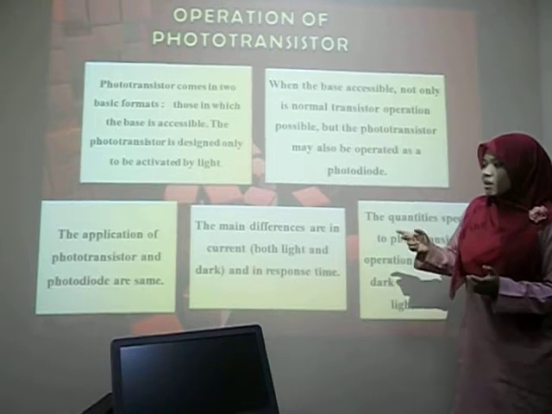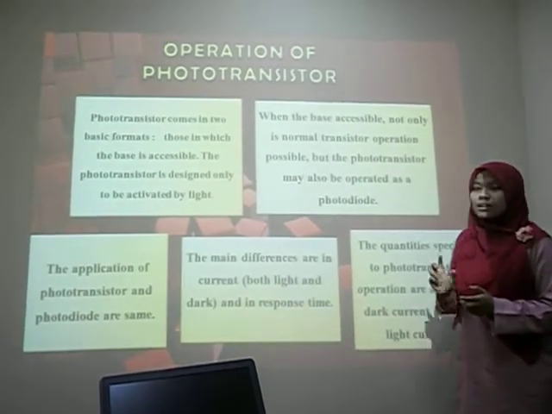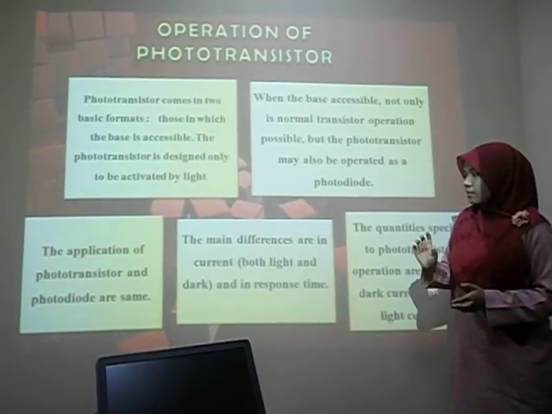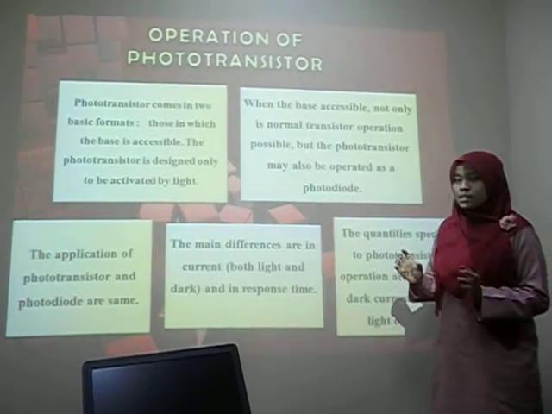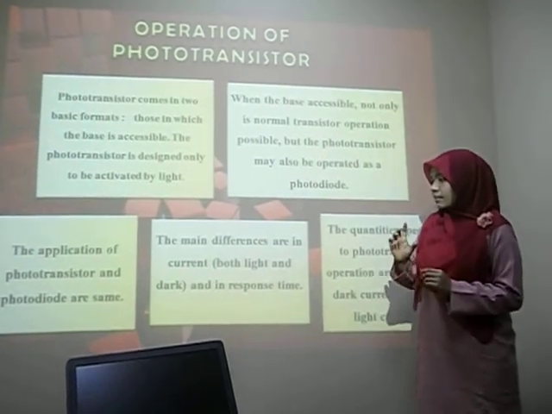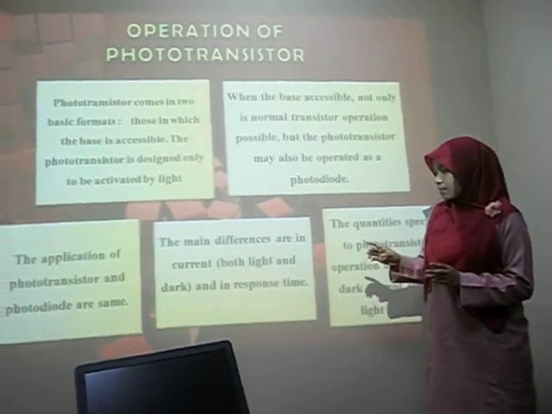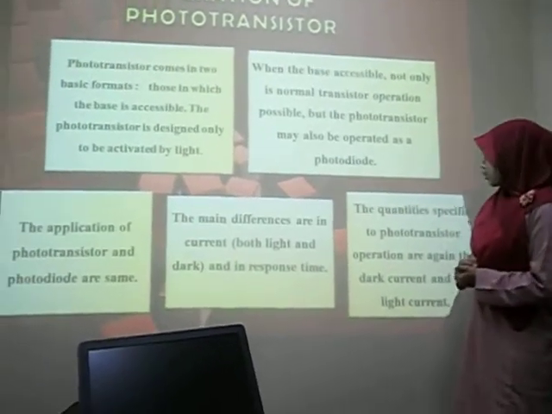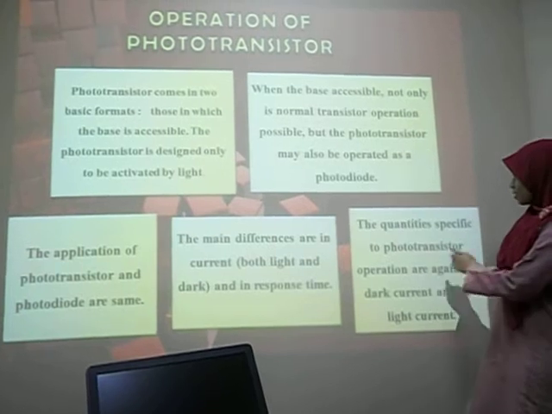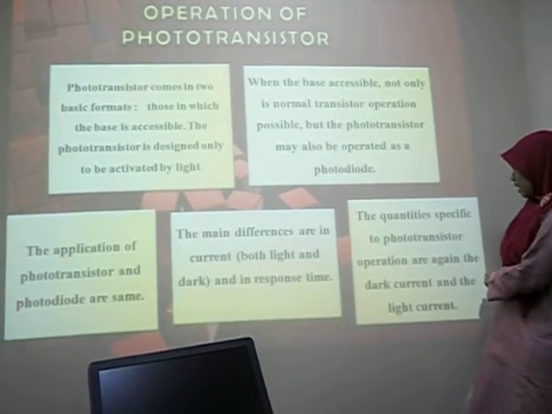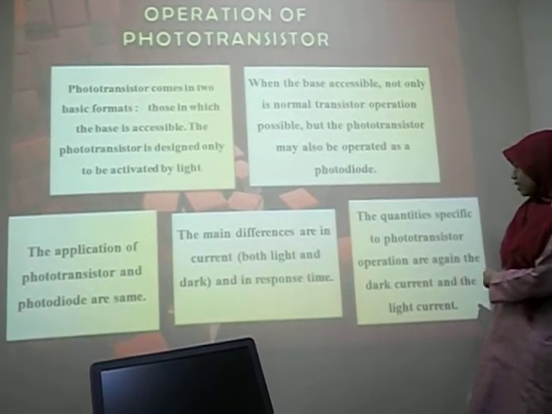The application of the phototransistor and the photodiode are the same. The main difference is in the current, where both light and dark respond in time. The quantities specific to phototransistor operation are again the dark current and the light current.